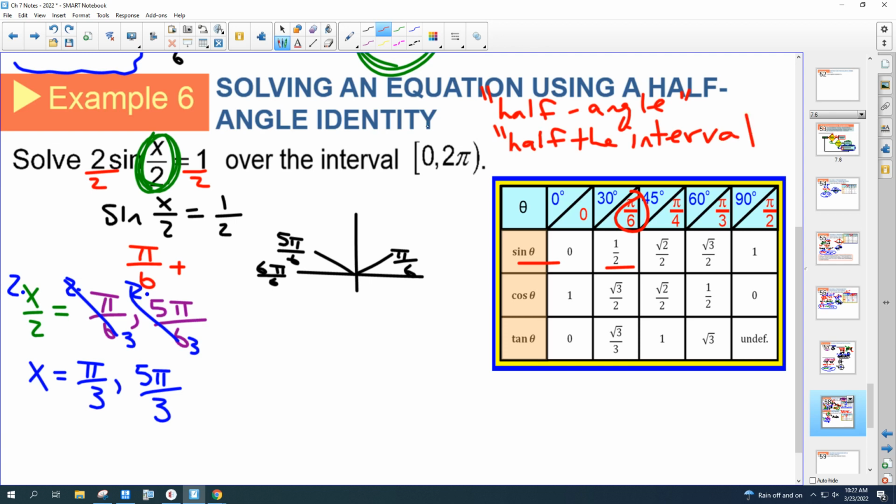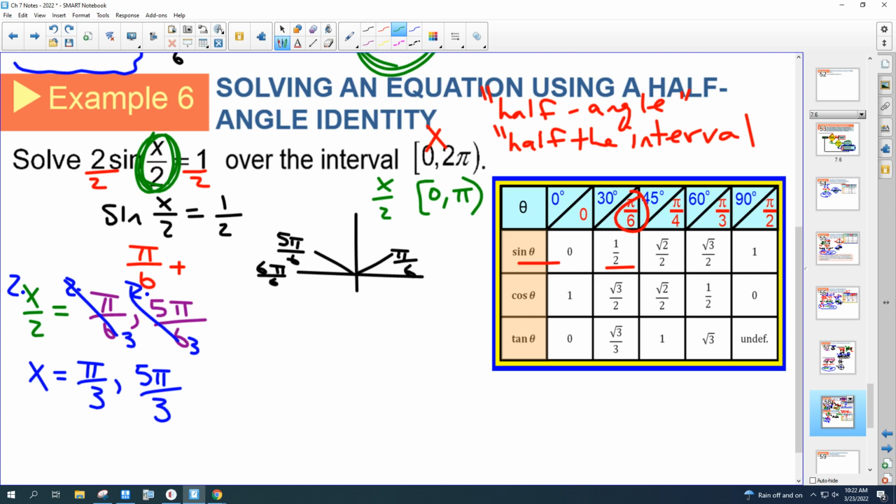So when we see this 0 to 2 pi, we're talking about the angle x. And so you have to look at whether x is actually in that interval. Is it actually in between 0 and 2 pi? But what we're going to have to check, which is tricky, is when you look at half the angle, you've got to cut the interval in half and just make sure that checks out, because sometimes it doesn't. Sometimes it does something extra or something weird.